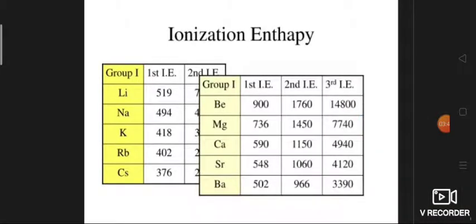Ionization enthalpy. The first ionization enthalpy of alkali metals is lowest among the corresponding period because atoms of alkali metals are largest in their respective period. Therefore, outermost electrons that are far away from the nucleus experience less force of attraction from the nucleus, hence can be easily removed.